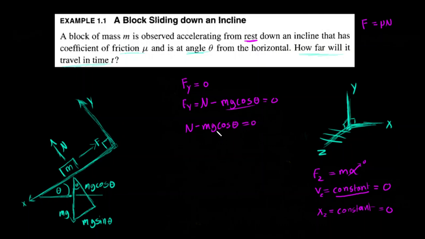Now add mg cos theta to both sides. It cancels out here, so it becomes N is equal to mg cosine theta. That means our force of friction is the coefficient of friction times mg cosine theta.